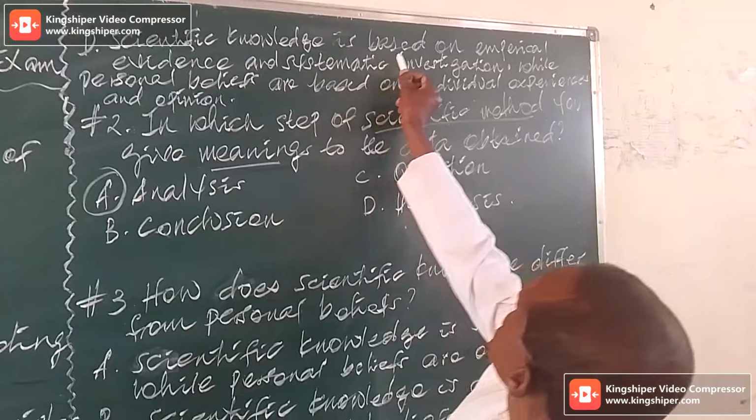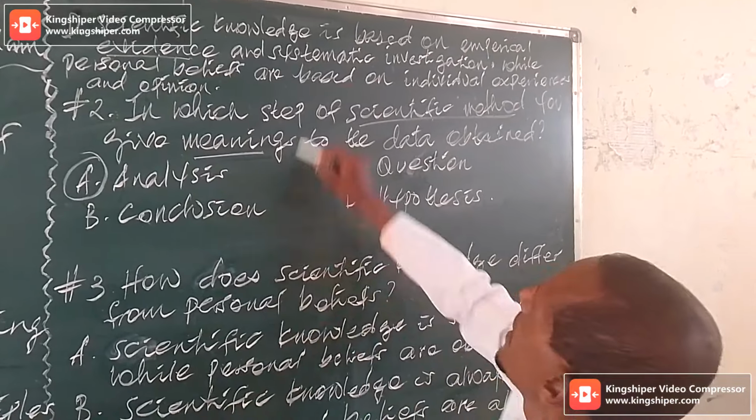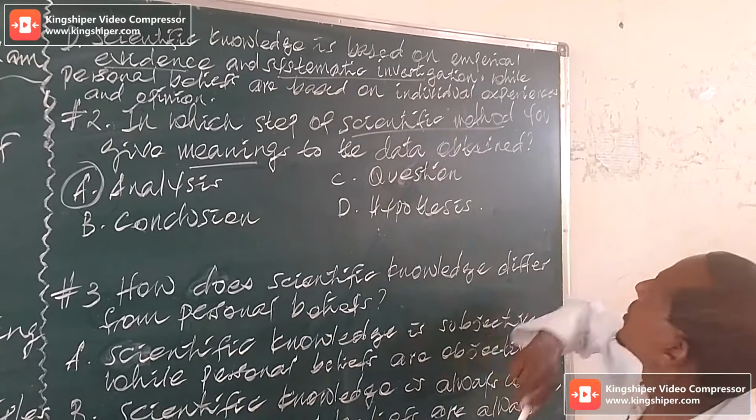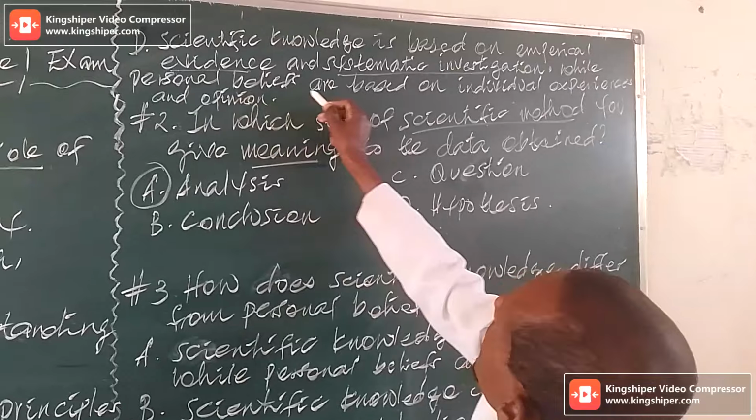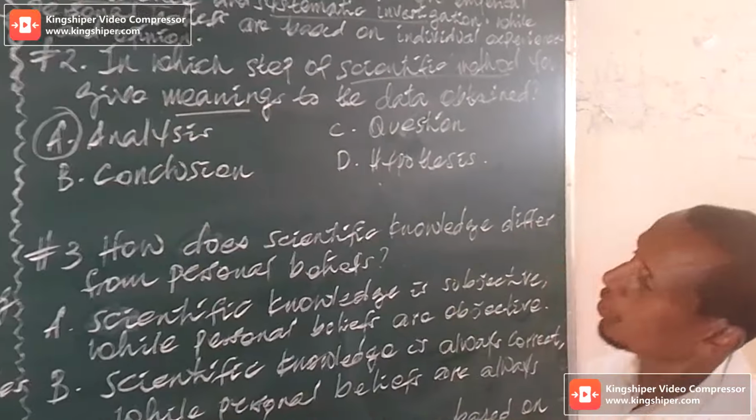When we come to choice D, scientific knowledge is based on empirical evidence and systematic investigation, while personal beliefs are based on individual experiences and opinion.